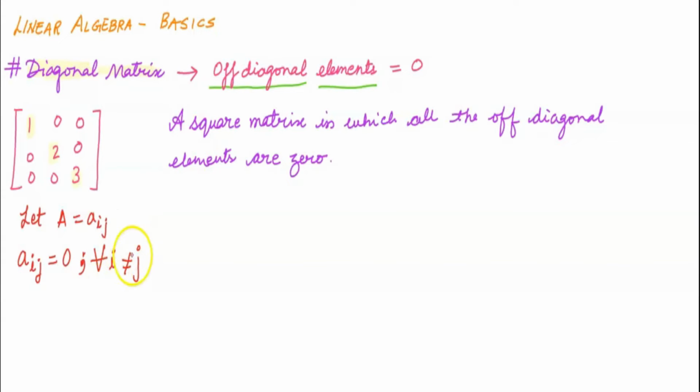That means the condition is imposed on the off diagonal elements, where the row number is not equal to the column number, and the element is 0. I hope you have got the condition.